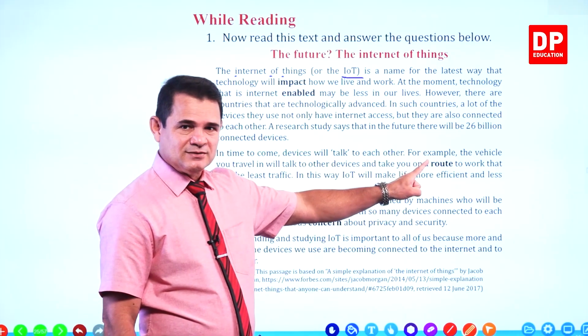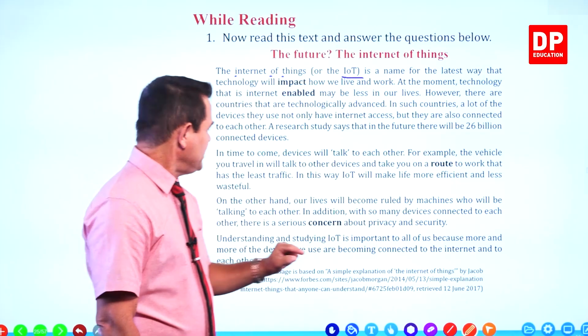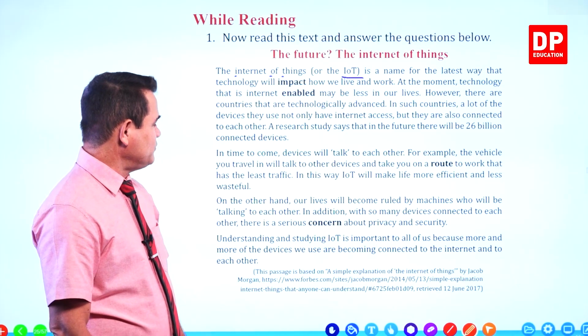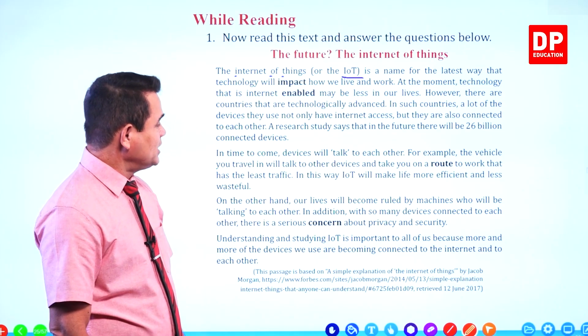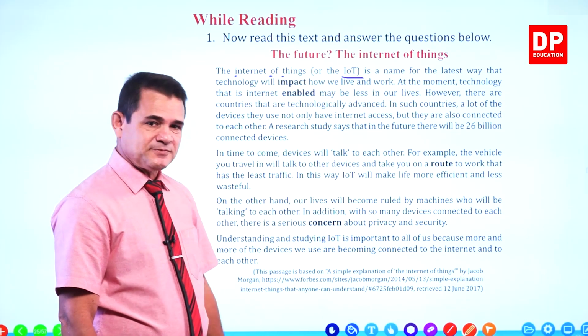For example, උදාහරණයක් වශයෙන්, the vehicle you travel in will talk to other devices.